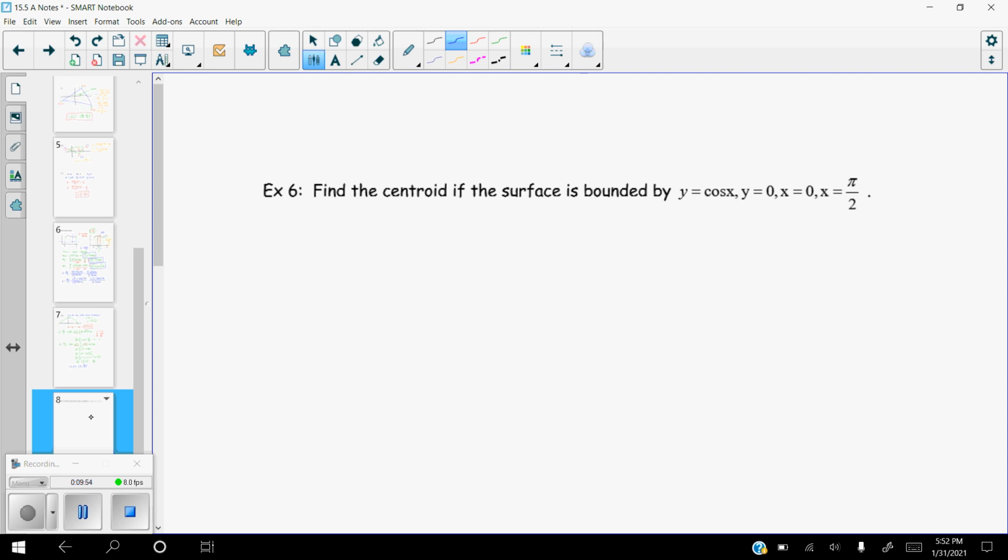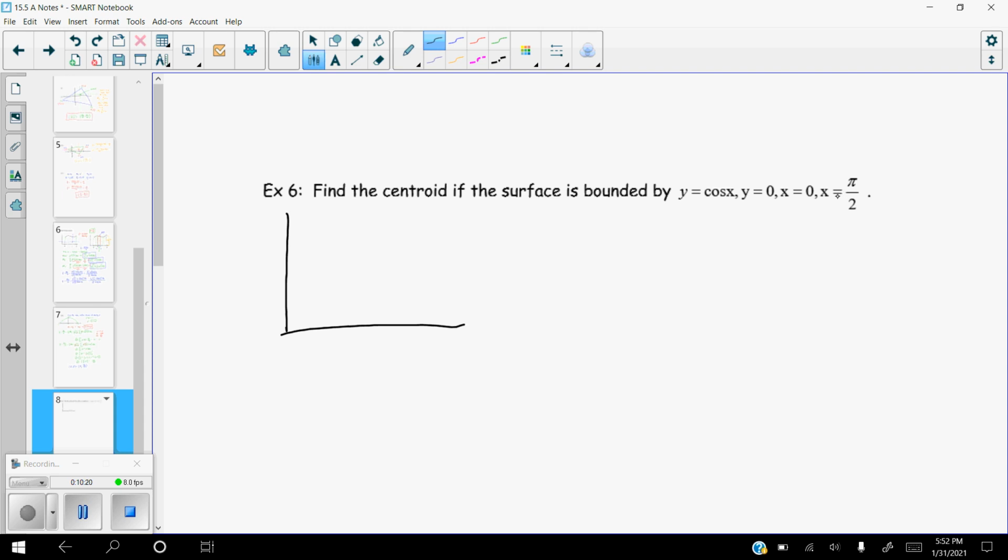All right. Let's go ahead and look at example 2. We want to find the centroid if the surface is bounded by cosine of x, y equals 0, x equals 0, and pi halves. All right, so let's take a look at that one. What does that look like? Well, x equals 0, y equals 0 puts this thing into the first octant, or first quadrant, excuse me.